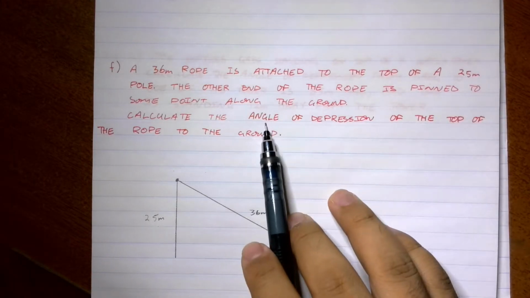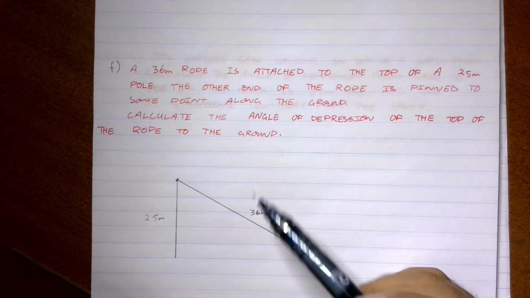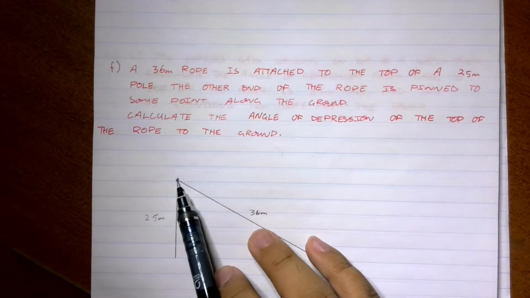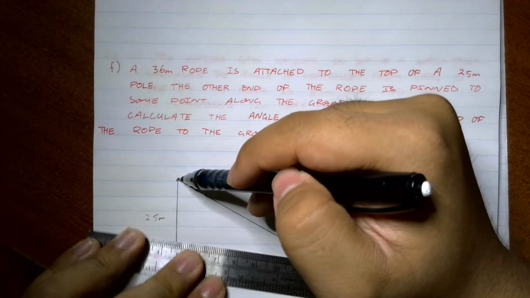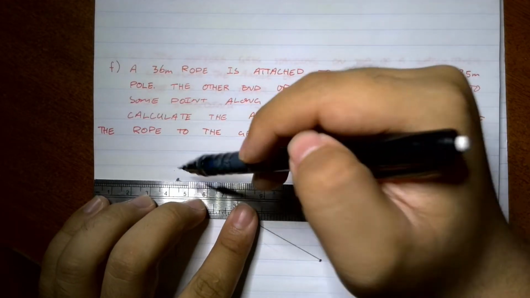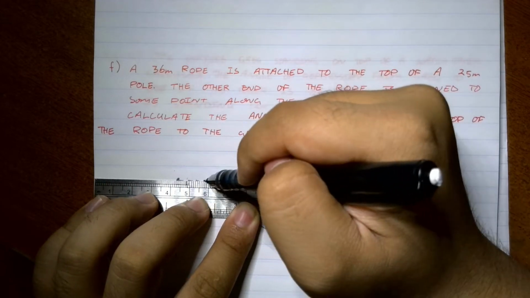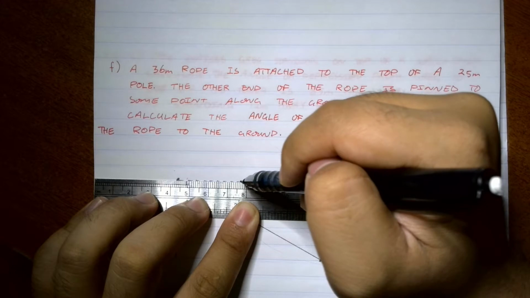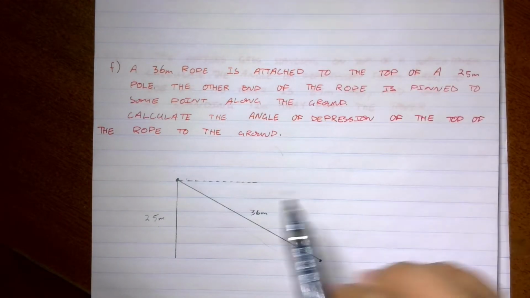Calculate the angle of depression of the top of the rope to the ground. The top of the rope is here, to the ground. Well, since it's an angle of depression, and this is the top of the pole, we draw a line of sight going out this way.